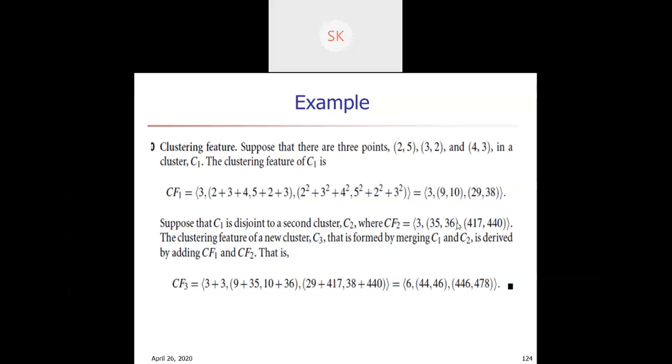This is a simple addition: 3 plus 3, 9 plus 35, comma 10 plus 36, next 29 plus 417, comma 38 plus 440. So CF3, the clustering feature for cluster C3, will be (6, (44,46), (446,478)).